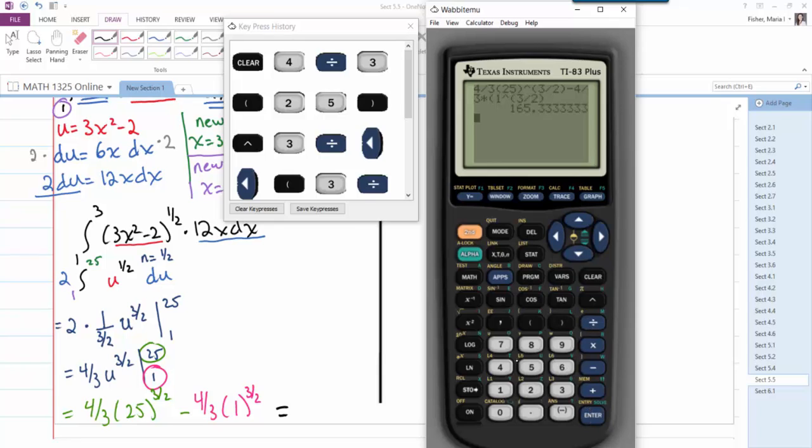And we end up with 165.333, which as a fraction is equal to 496 over 3.